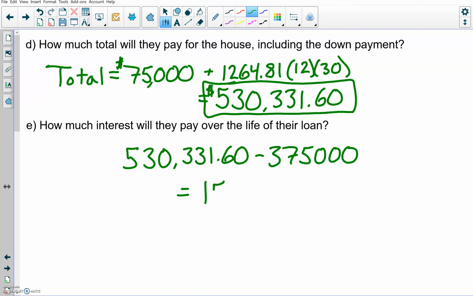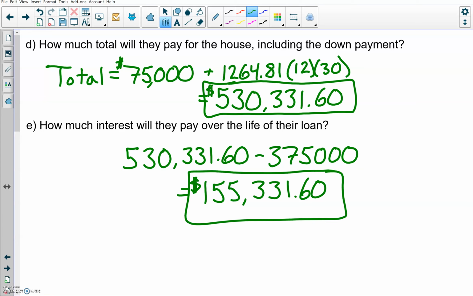And what you see here then is that they ended up paying $155,331.60 in interest, which, if you think about it, compared to the cost of the loan, the amount they borrowed, it was $300,000. It's like 50% more than what they borrowed, just to be able to get the home now instead of in the future, however many years it would have taken them to save that on their own.